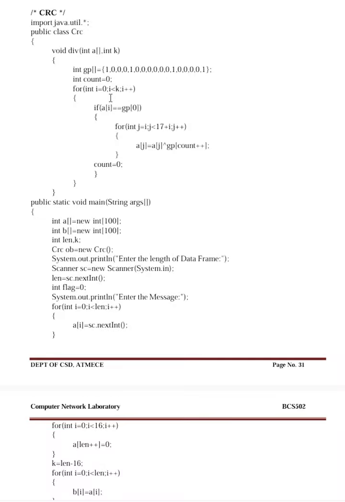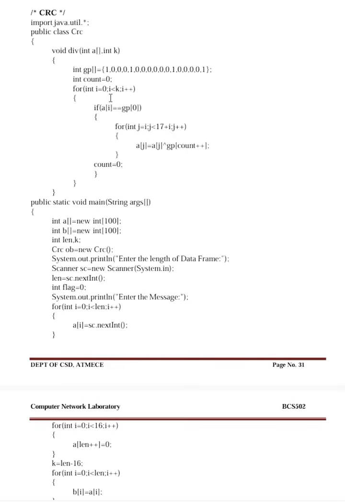Void division. Here I am using int a and int k. This is the core division logic: it performs modulo 2 division of the bit array a by the generator polynomial, starting from the first k bits.